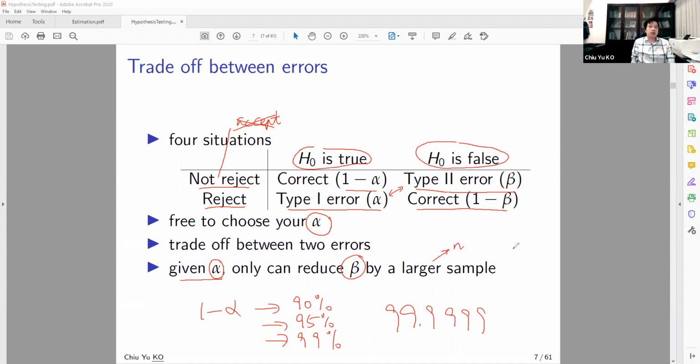So from the rule of thumb, 95, 90, 99 are the most often used, and the most commonly used is 95. Historically, this is the rule of thumb. Okay.